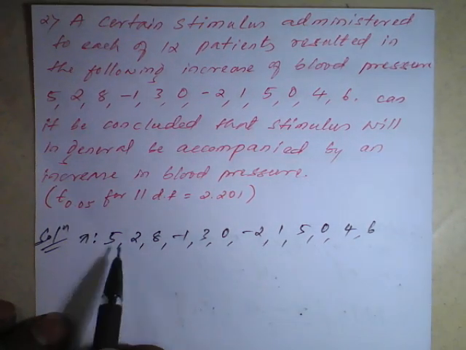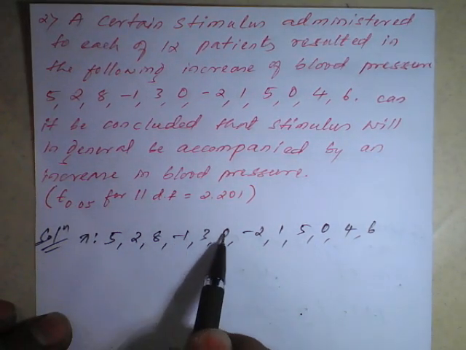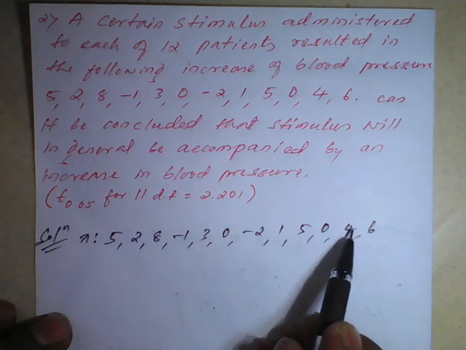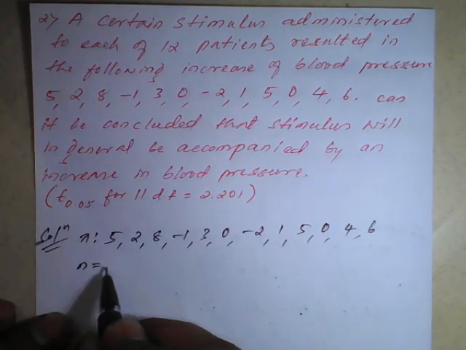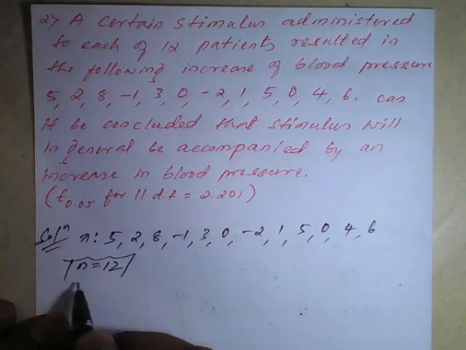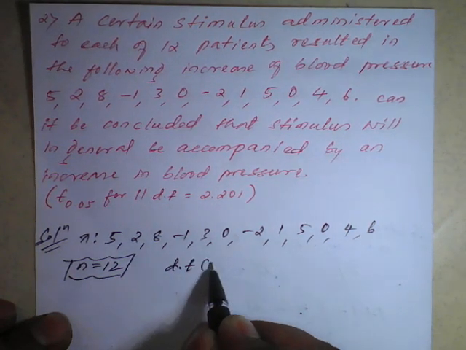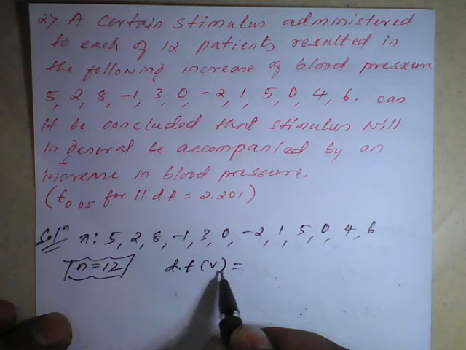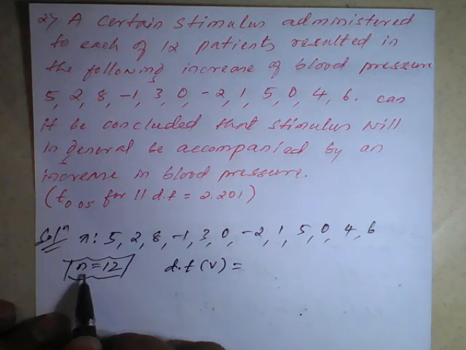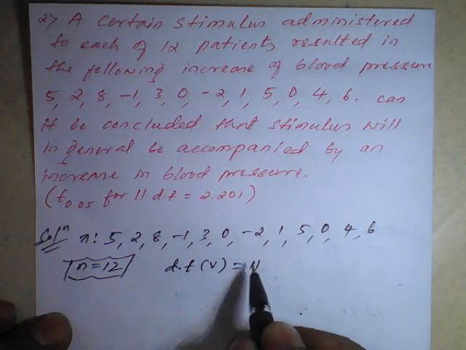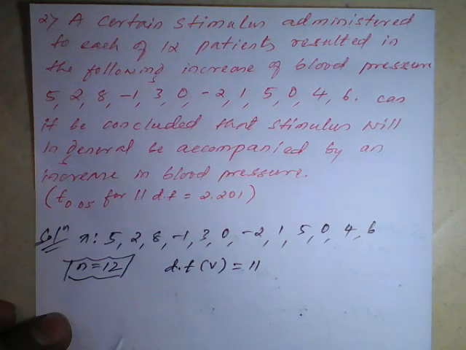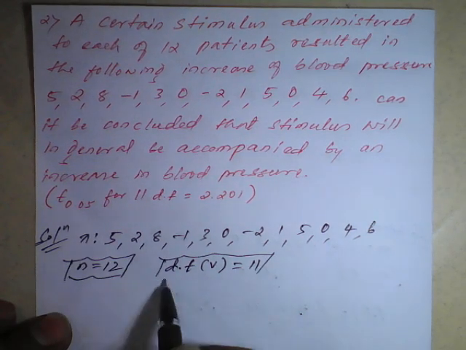So just check how many: 1, 2, 3, 4, 5, 6, 7, 8, 9, 10, 11, 12. So here n is 12. Therefore degree of freedom, that is v, is equal to n minus 1. It is always one less than the value of n, that is 11. This value and this value are supposed to be matched here. Okay, we got degree of freedom of 11.